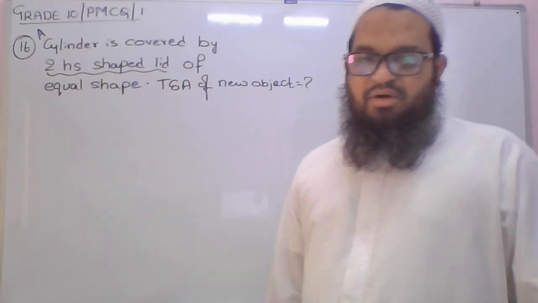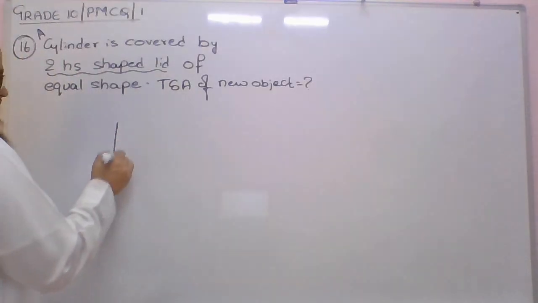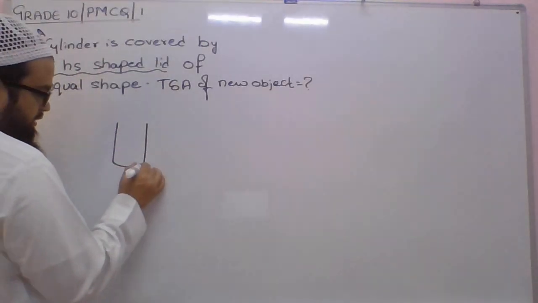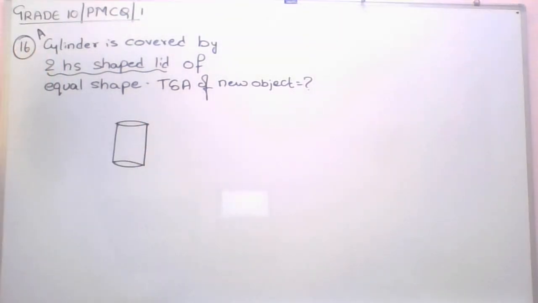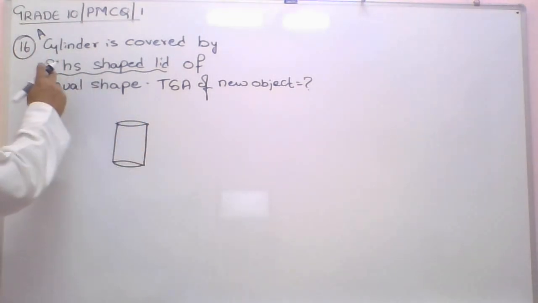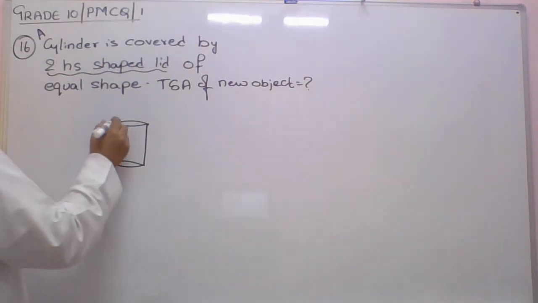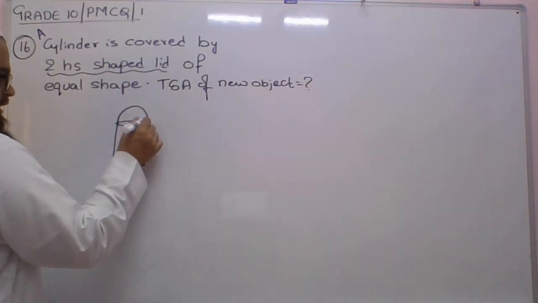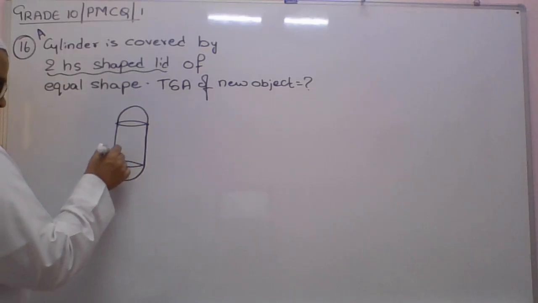Suppose let us take a cylinder, you can take it either standing or in a horizontal way or in a vertical way. Okay, this is the cylinder, and now it is covered by two hemisphere shaped lids of equal shape on both sides. So on one side and another side also you have.